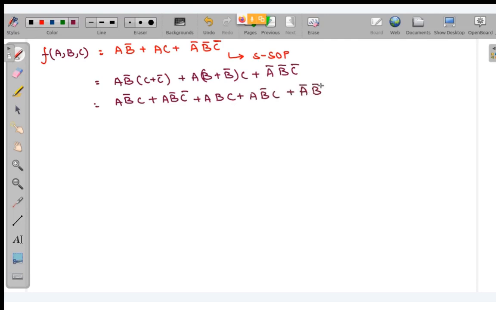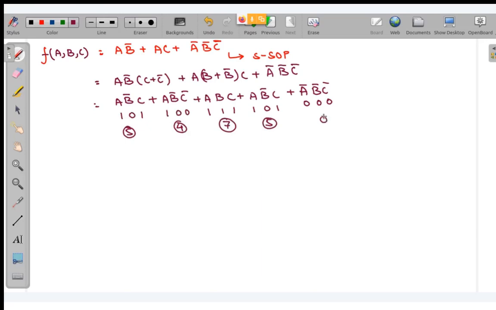So in SOP format, this corresponds to 0, 0, 0. This corresponds to 1, 0, 1. This corresponds to 1, 1, 1. This corresponds to 1, 0, 0. And this corresponds to 1, 0, 1, so this is 5. This is 4, this is 7, this is 5, this is 0.